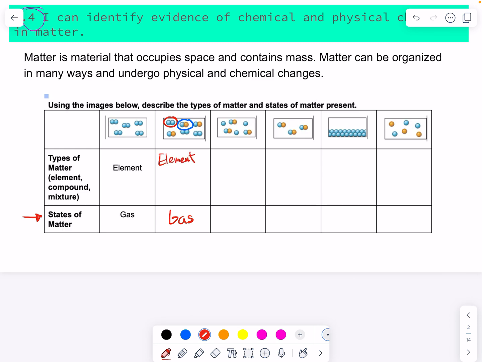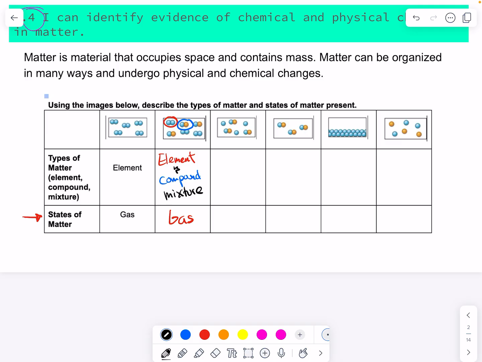The blue with orange would be classified as a compound. And so we would call this all together an element and compound mixture because you got both of them going on. So element is just the same thing bonded to itself or singular, and then a compound is two different elements bonded.